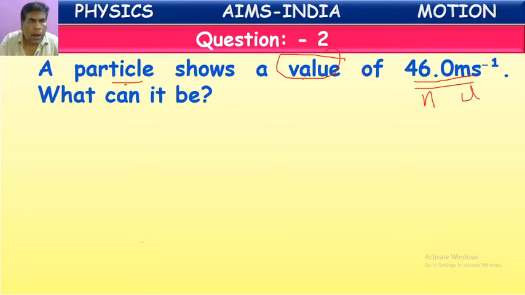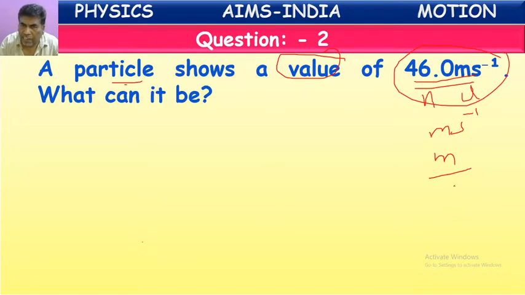Here the value of the particle is given like this: 46.0 m s^-1. We can also write it as meter per second, where s to the power of -1 comes downside as s to the power of 1.